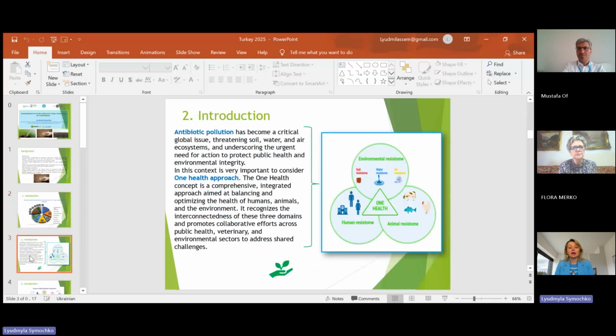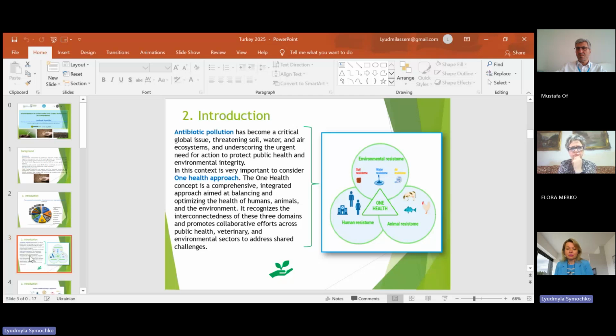So if we consider antibiotic pollution, as I said in the beginning, antibiotic pollution affects environmental health a lot, and is one of the main reasons for spreading of antibiotic resistance in the environment and formation of environmental resistance. In this case, we should also consider the One Health approach.